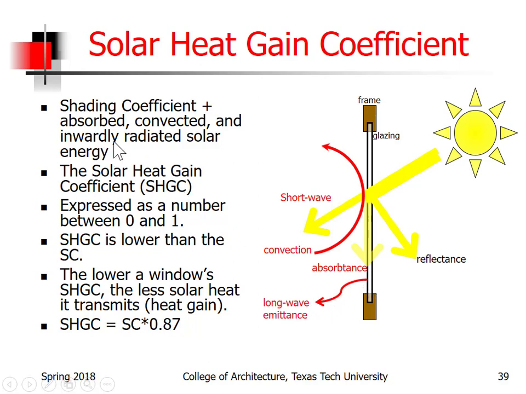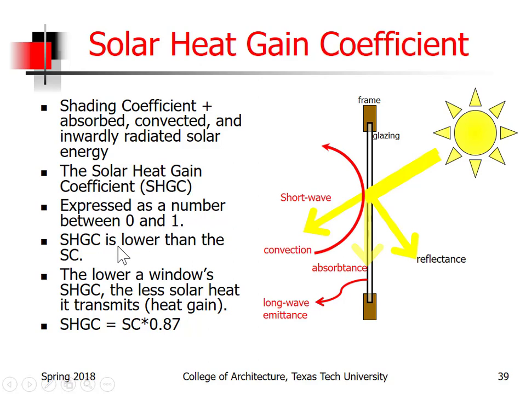And so they developed what is called a solar heat gain coefficient, which is established inside of a laboratory. It's laboratory tested, and it takes all of these things into account: the absorbance of the window, the convection, long wave emittance into the space, as well as transmittance. And that value is expressed between 0 and 1.